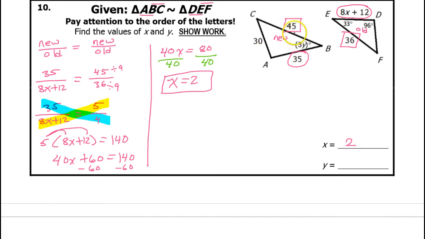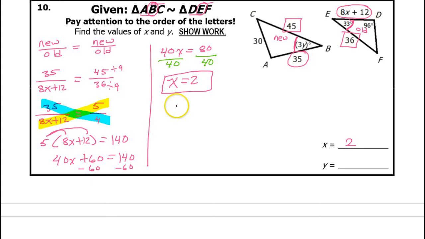Now it's time to find y. Now the expression 3y is the measure of angle B. So notice that angle B corresponds with angle E. Okay, so here's angle E right here. So these two angles are corresponding, so that means that their measures should be equal.